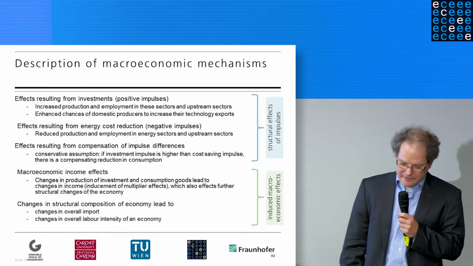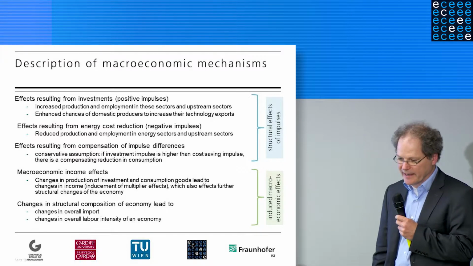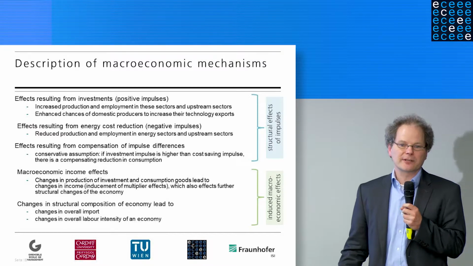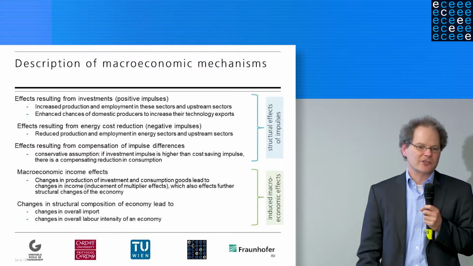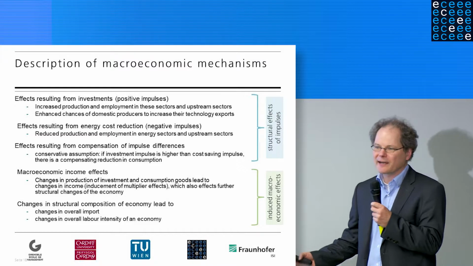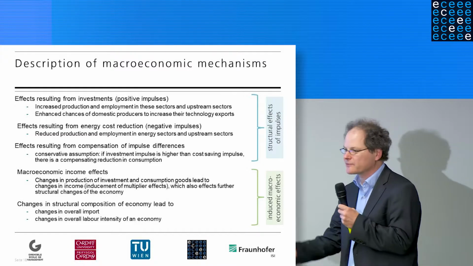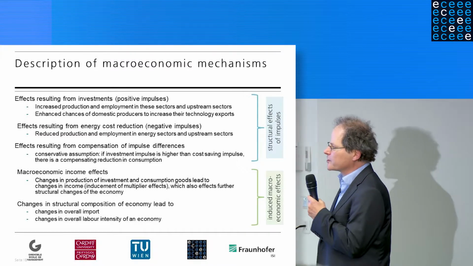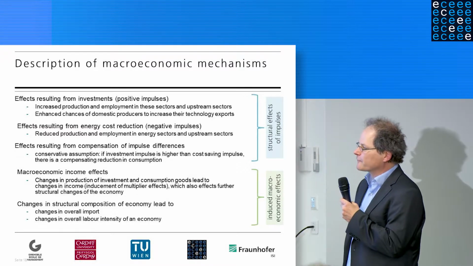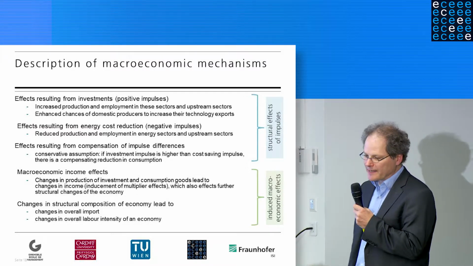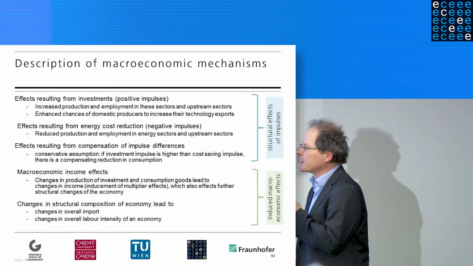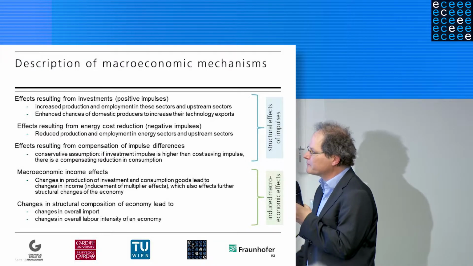Now, that slide, I think, is important to understand. If we do some macroeconomic analysis, what do we actually have to look at? Why are there actually macroeconomic effects from increased energy efficiency? Well, first of all, if you invest in more energy efficient appliances, you have a positive impulse.